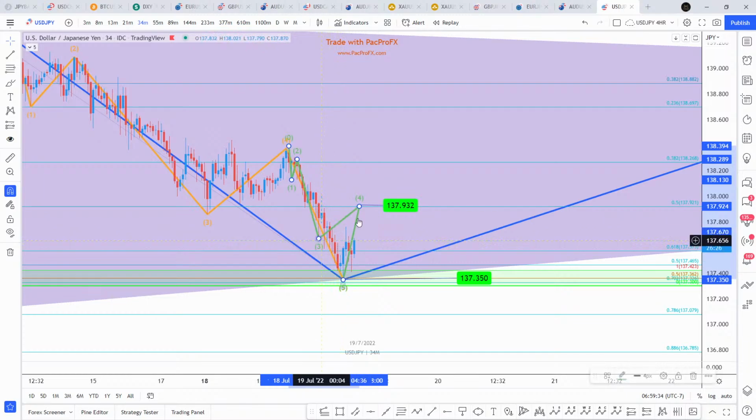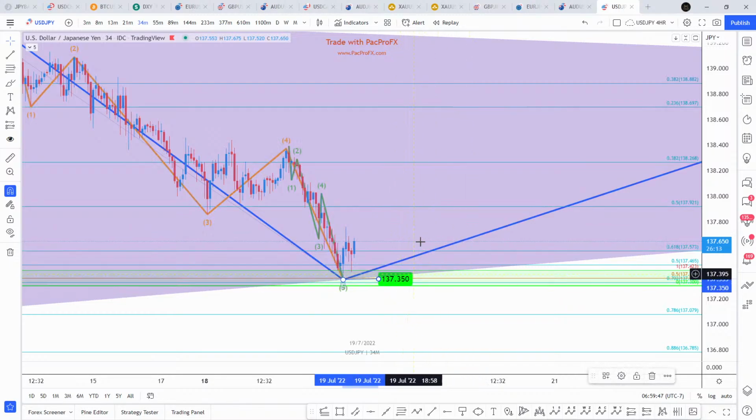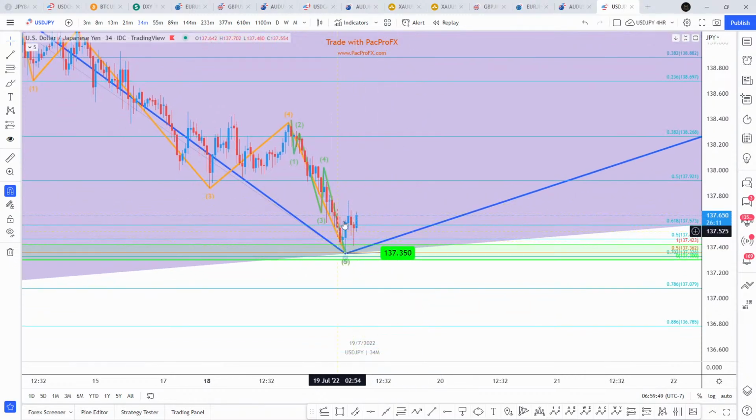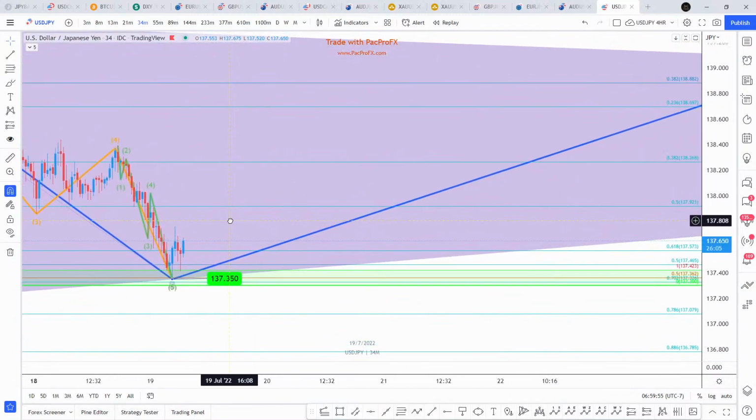Looks like the fourth wave was here. I don't need that anymore. So now it is assuming an uptrend correctional.